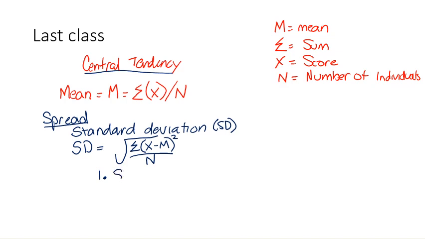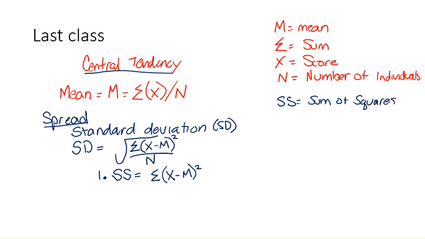The first step is we're going to solve for the sum of squares, which is just the sum of x minus m squared. And up here, we'll note that SS is the sum of squared.